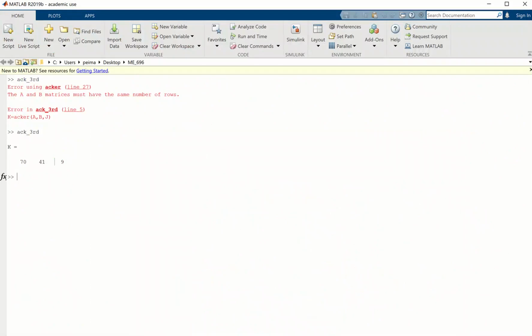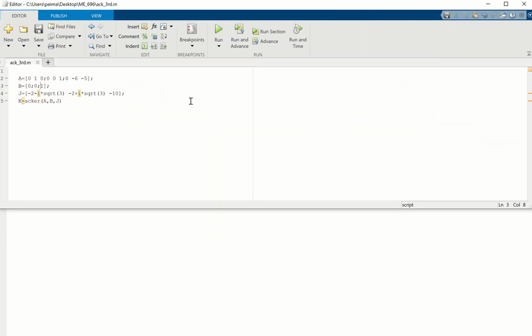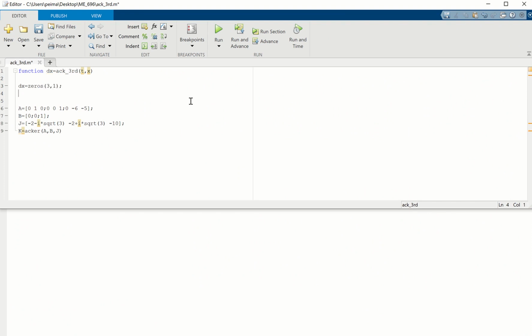Okay, so now let me develop the code function. dx is equal to, the name must be exactly like this. Now you know it: Ackermann third order, with x state variables, right? dx is equal to zeros. I have 3 state variables, space for them, 3 by 1, right?